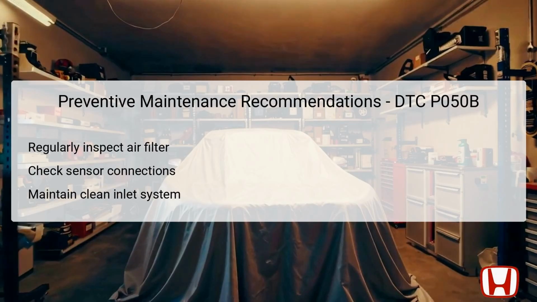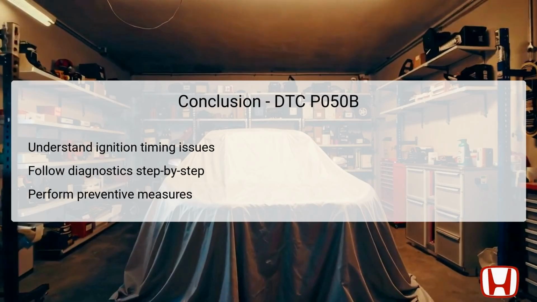In conclusion, understanding the specifics of DTC P050B highlights its implications on cold start ignition timing control. Thorough diagnostics play a crucial role in identifying problems, from checking the basic onboard systems to scrutinizing individual components like the MAF and IAT sensors.